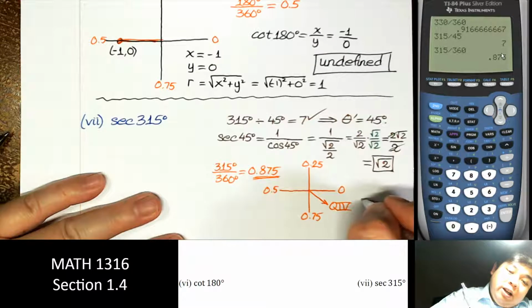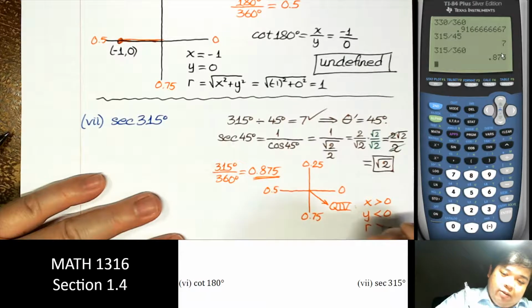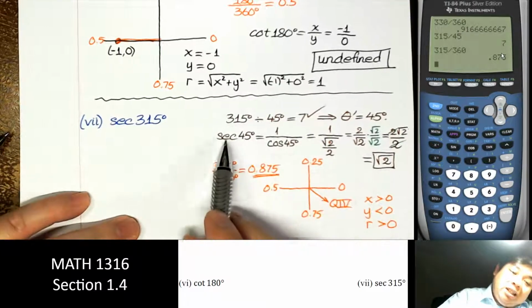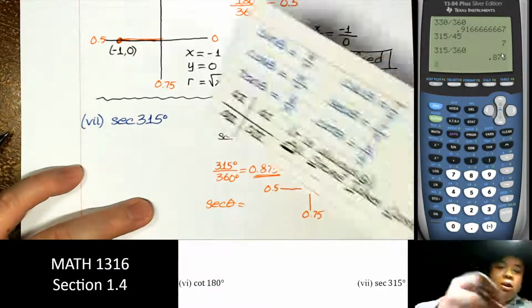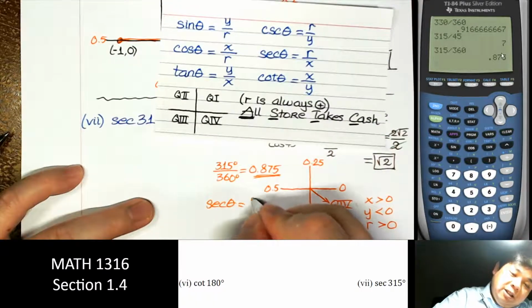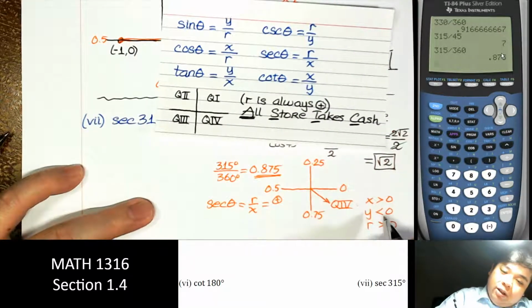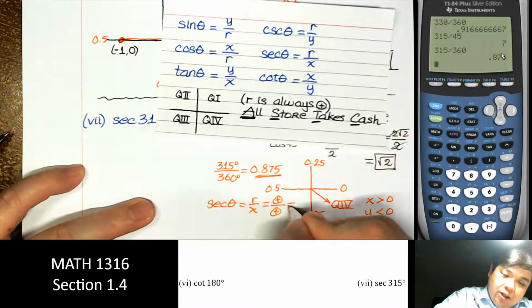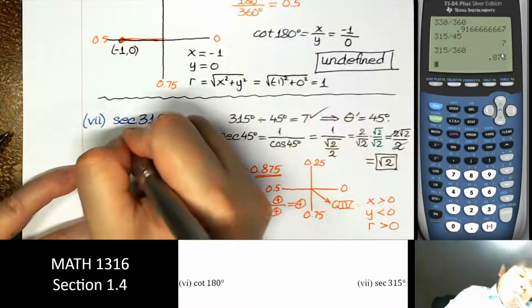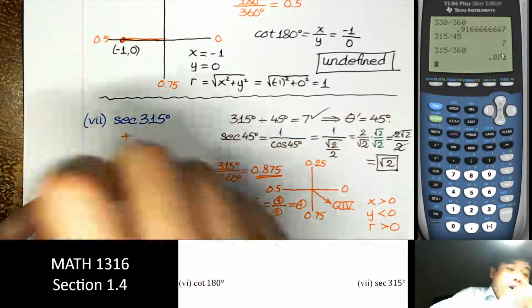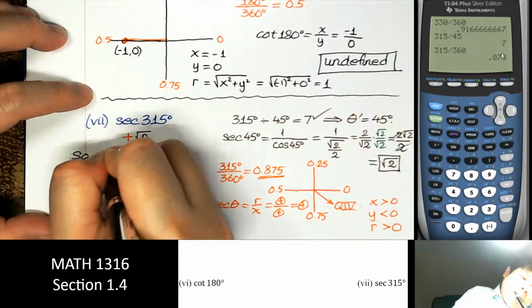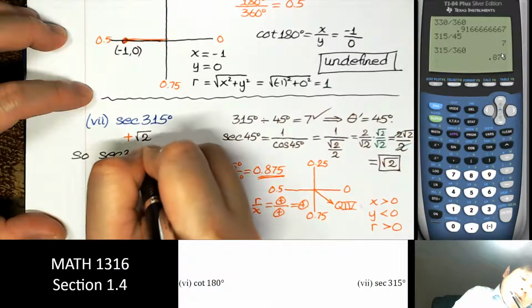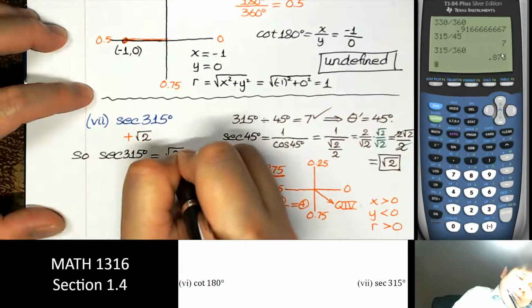And in quadrant 4, x is positive, y is negative, and r is always positive. And we want secant. Secant is r over x. R is positive, x positive, so it is positive. So that gives us positive, and the value is square root of 2. So secant is square root of 2.